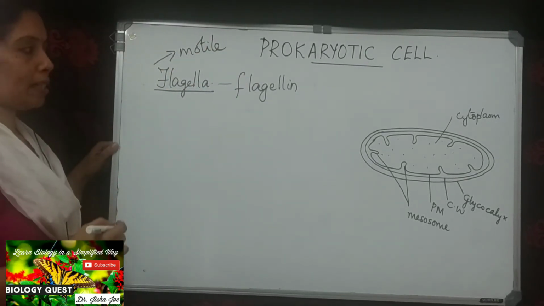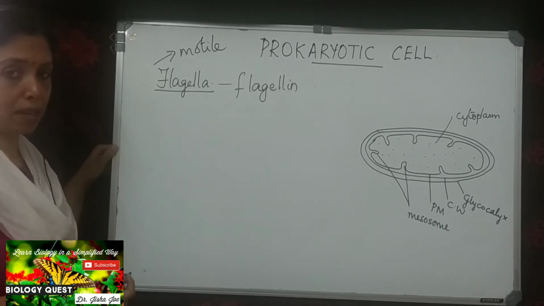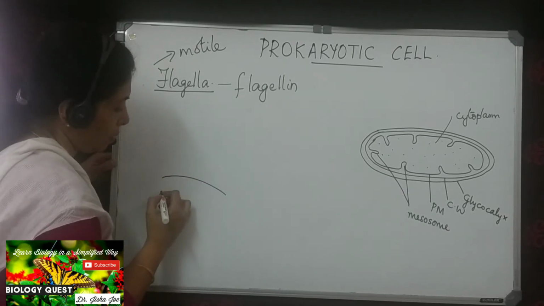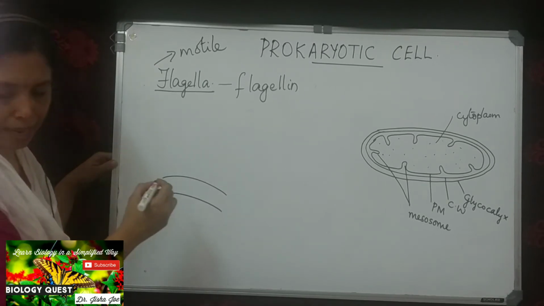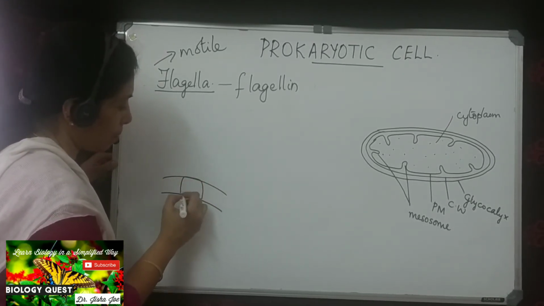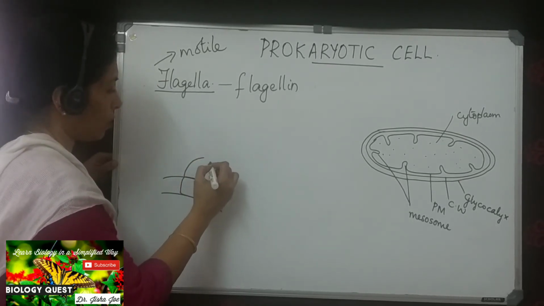And if you look at the structure of a flagellum, each flagellum will have three parts. There is a basal part that is seen enclosed within the cell envelope. Then there is a small hook-like region.